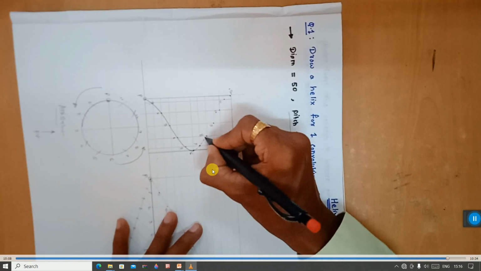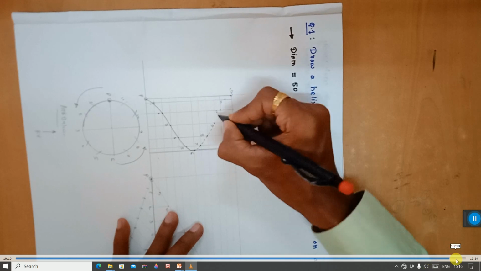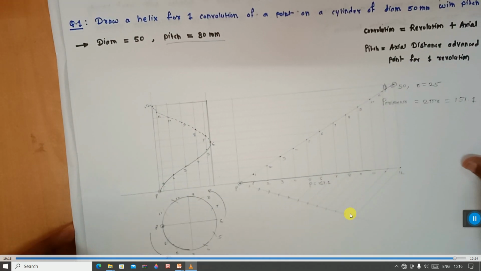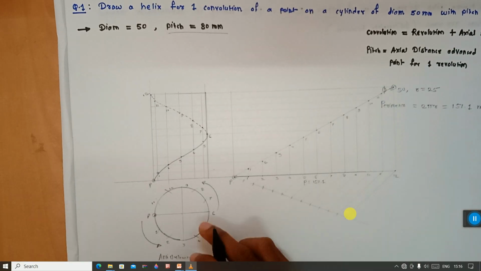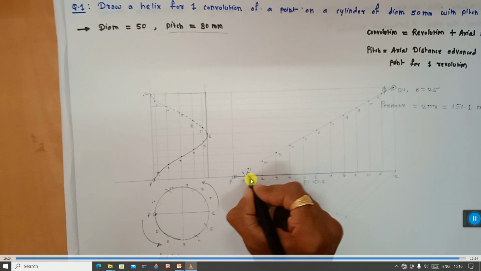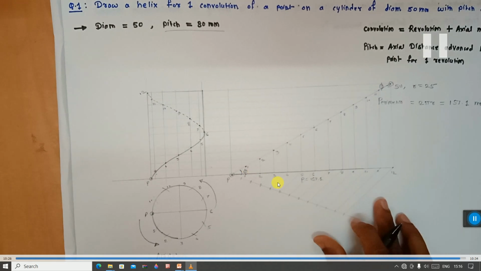So join these points by a dotted line. So this is the complete helix curve for one convolution, and this angle is called the helix angle. So sometimes in the problem, this helix angle is given instead of the pitch, okay.